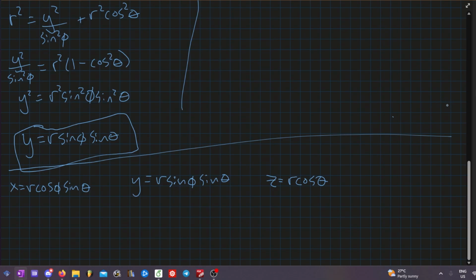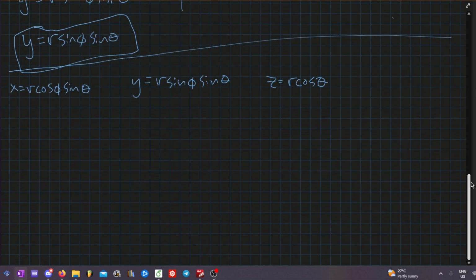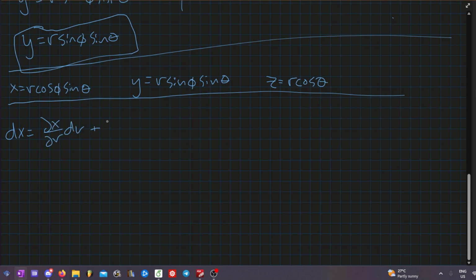So now with this, we can basically just use a chain rule idea to expand for the differential elements. So dx, for example, is just going to be dx by dr plus dx by d theta plus del x by del phi d phi.